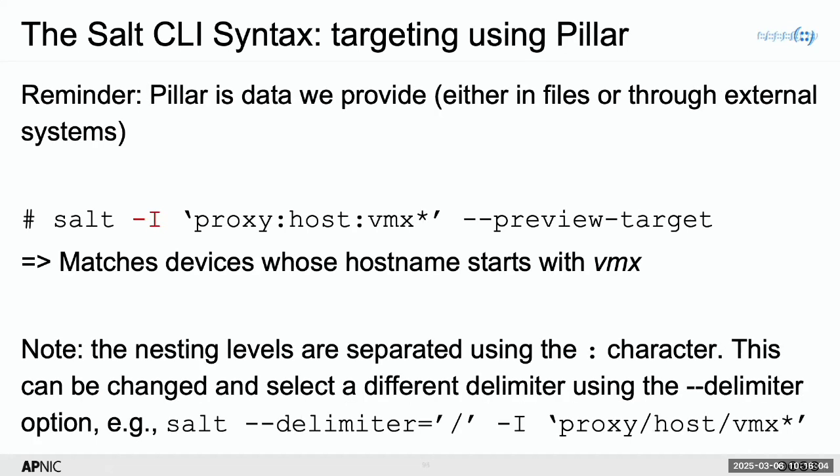So in pillars, we have the data which we provide, and this could be from a file or through external sources as well. If we want to match that, we have to use the -I switch, and then it will match with the pillars as well.